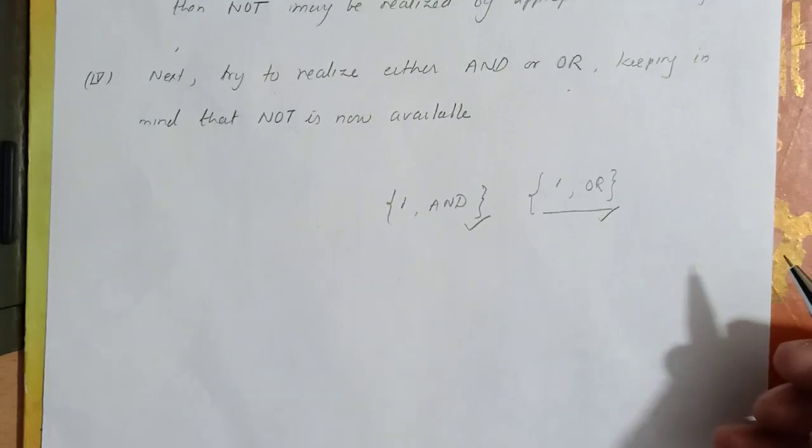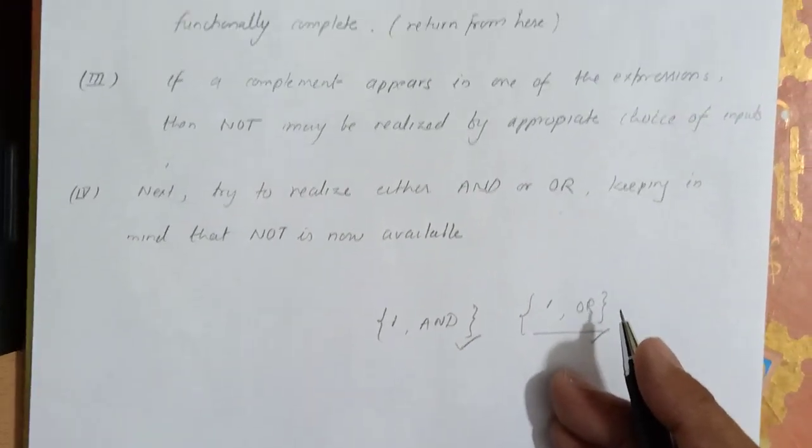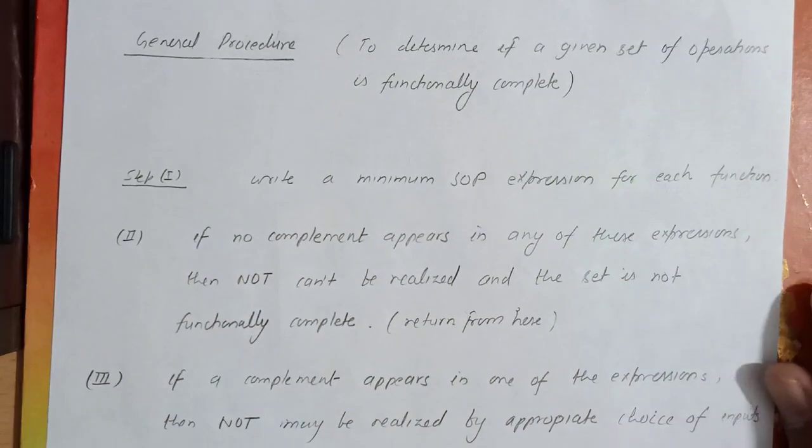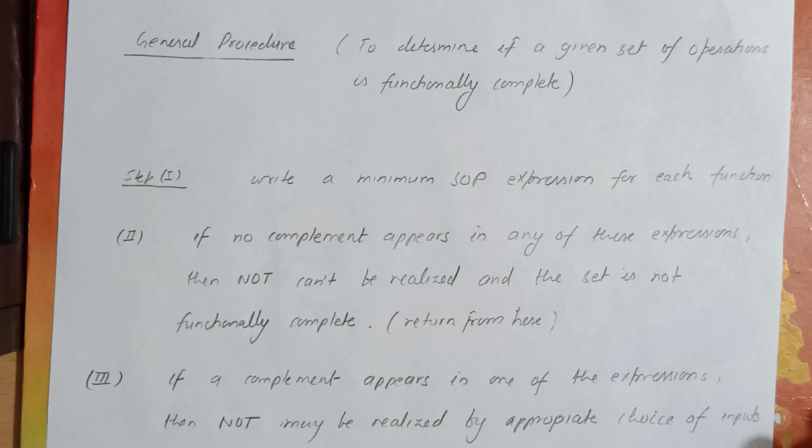So basically, this is the general procedure to determine whether a given operation or set of operations is functionally complete or not. We have already seen that NAND operation and NOR operation are functionally complete.